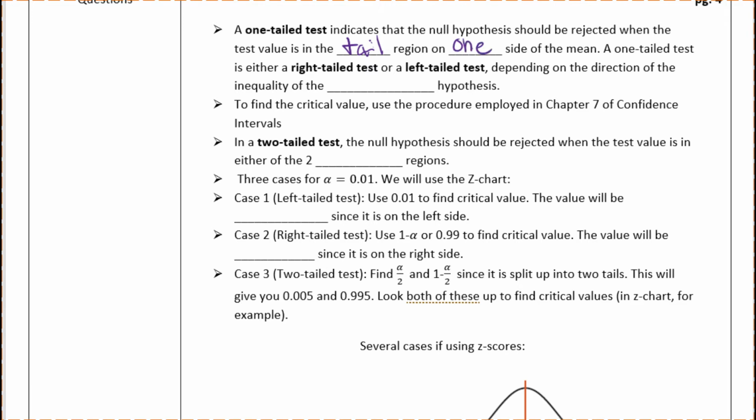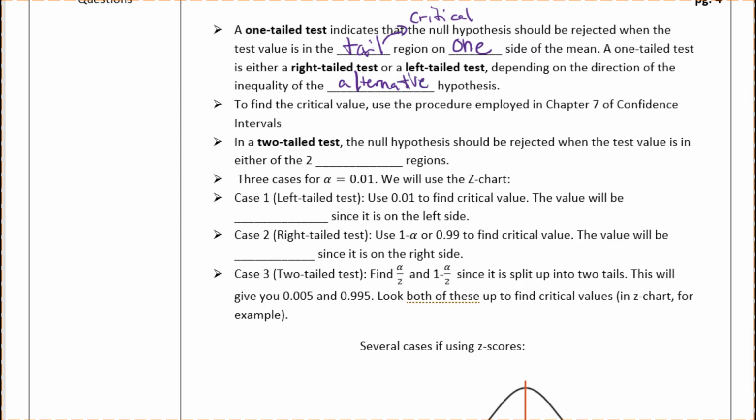It's called a one-tailed test because you're on a specific side of the mean, in the tail region, or in this case the critical region. The critical region is located in the tail. Then we reject. A one-tailed test is either right-tailed or left-tailed, depending on the direction of the alternative hypothesis.